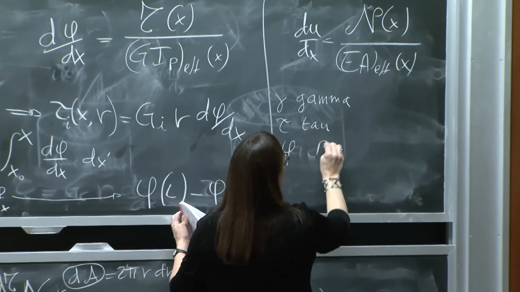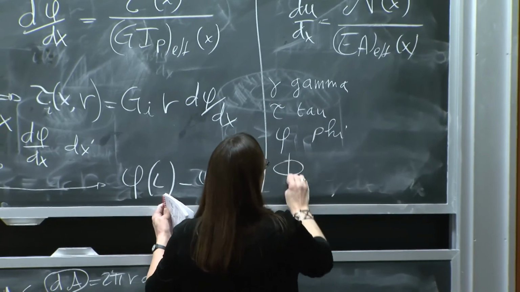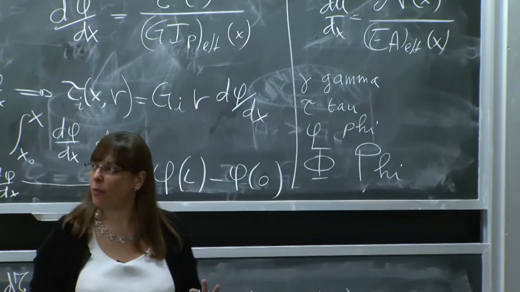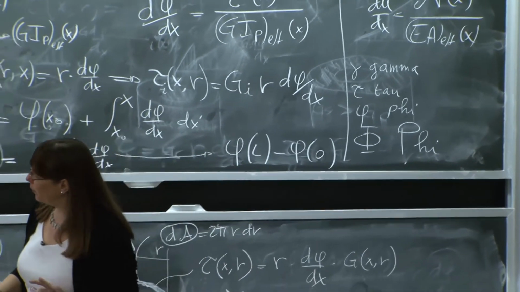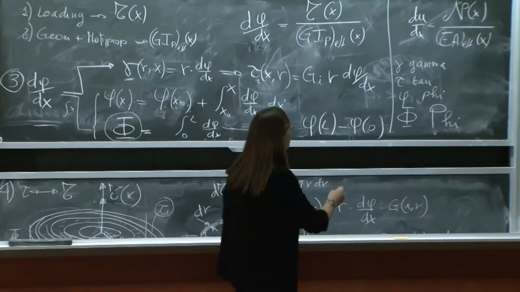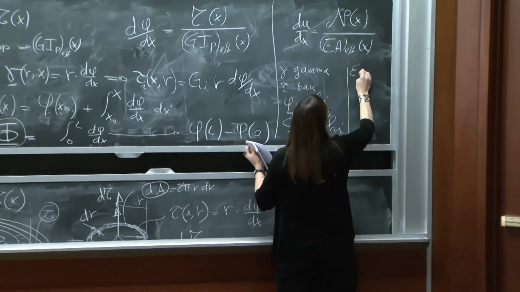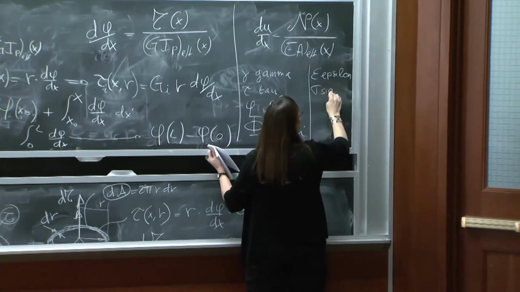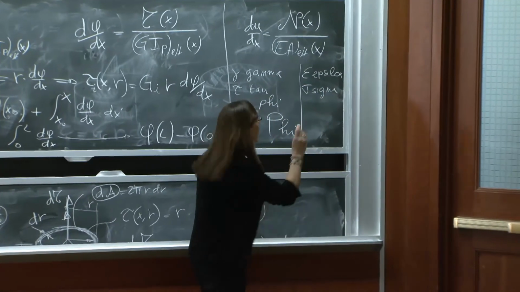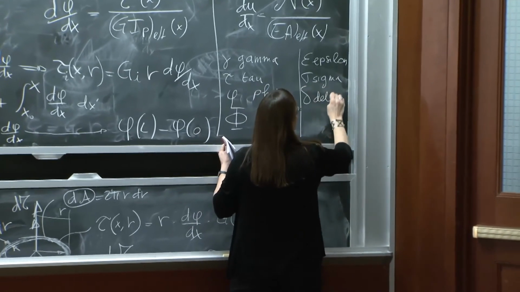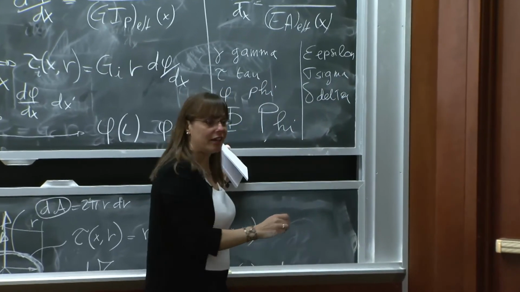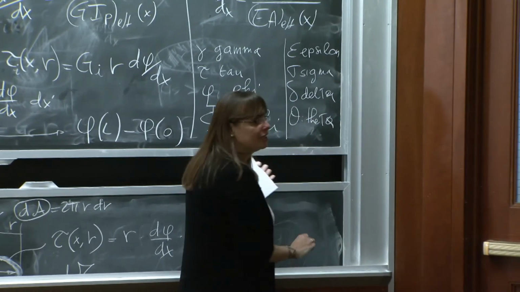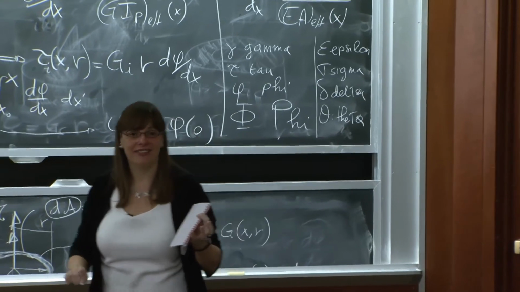This is phi. This is capital phi. And what else do we have? Then we have the curly T and epsilon, sigma. Anything else? Delta. And theta, the angles. Anything else we have in Greek?